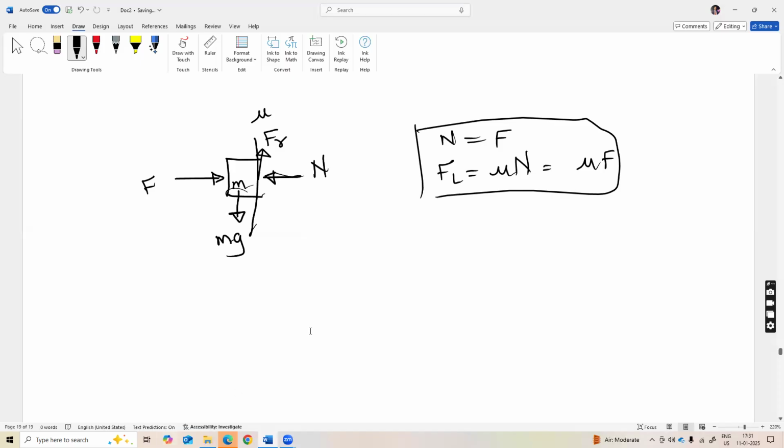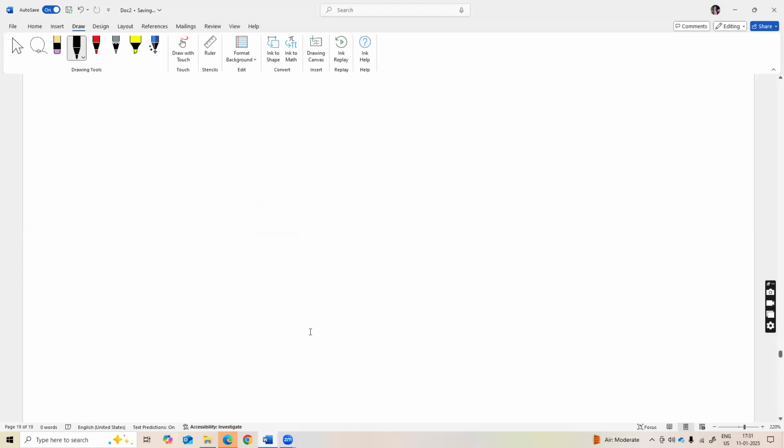So let's say you have a wall and an object of mass 10 kg. You have applied some 100 Newton force. Or let's say you have applied 1000 Newton force.